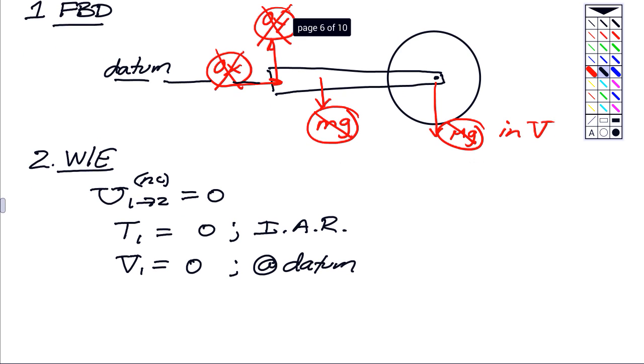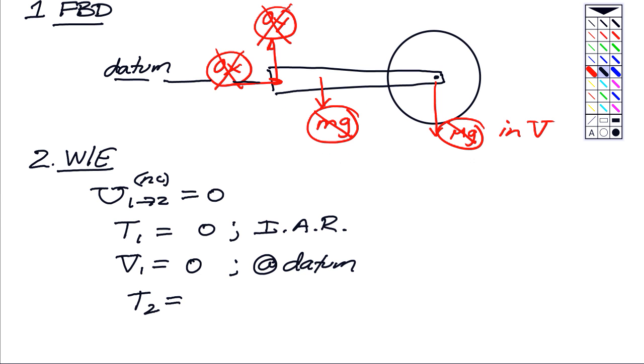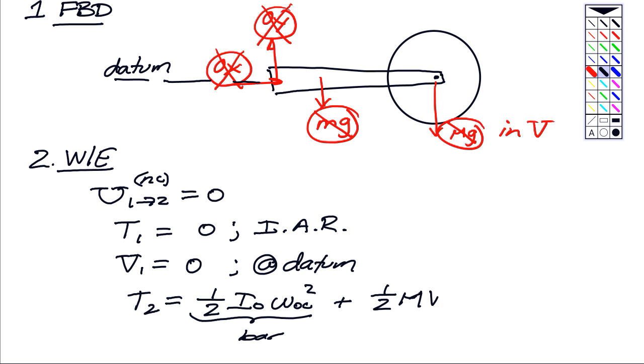T2 is going to be equal to the kinetic energy for the bar, which I'll reference to point O. So it's 1/2 I_O omega_OC squared. And for the disk, I'm going to write 1/2 the mass of the disk times the speed squared of the center of mass, plus 1/2 mass moment of inertia about C times omega for the disk squared.